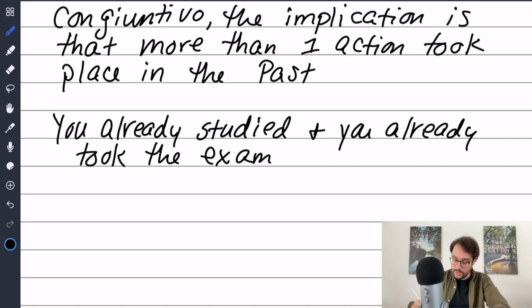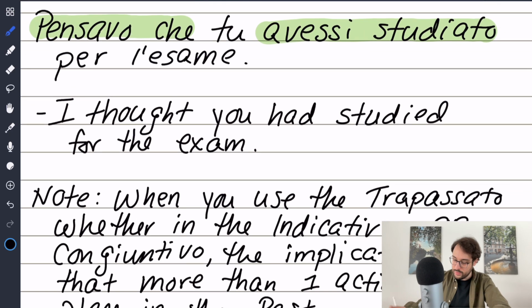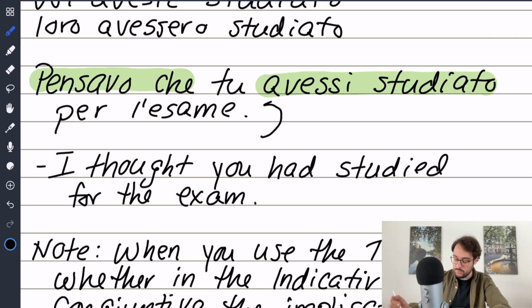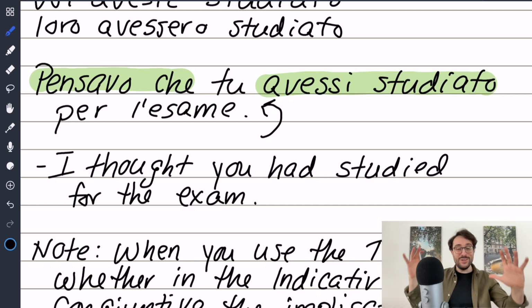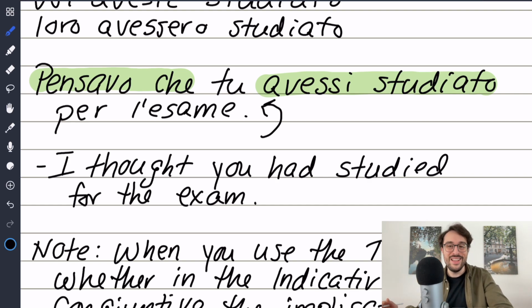That is what is implied in that example that we have up here. Okay? And then also the fact that I thought this also happened in the past. So we've got this series of actions that all took place in the past prior to this moment. And they all have something to do, obviously, with this moment. They all led up to this moment.